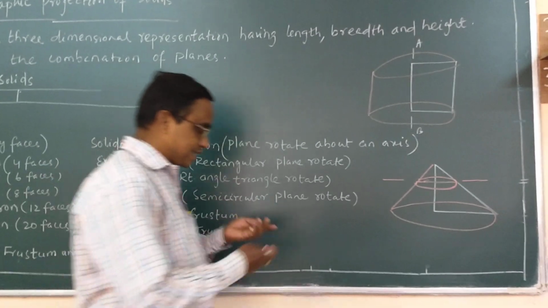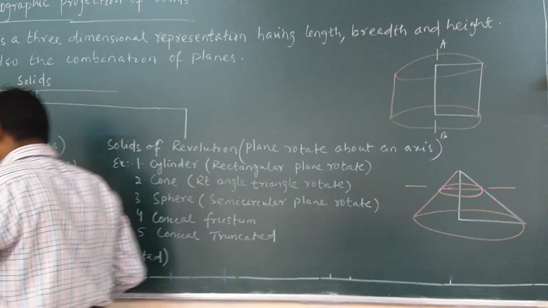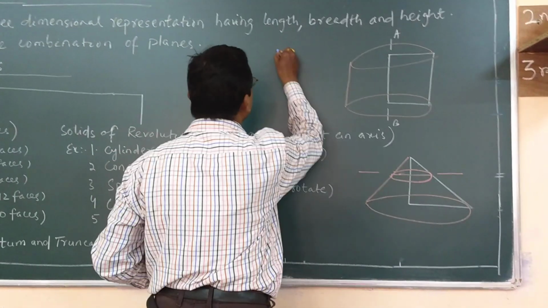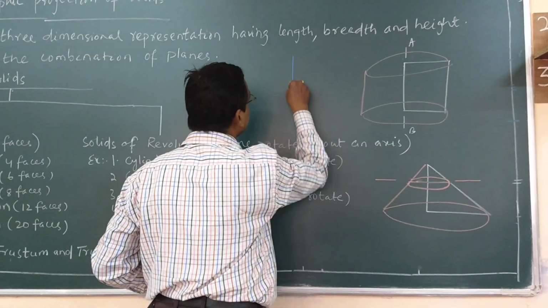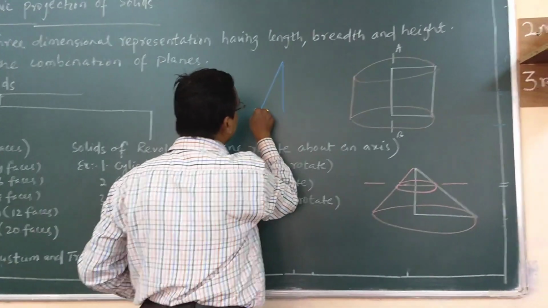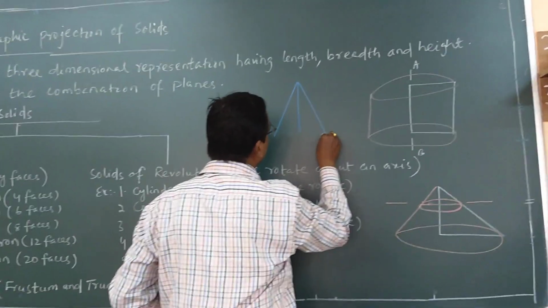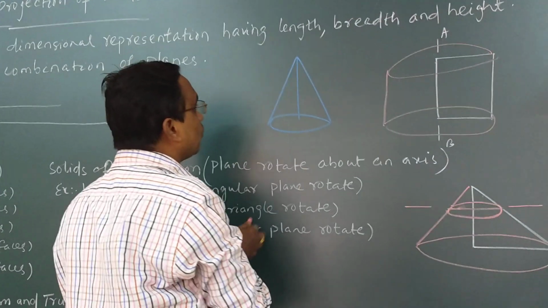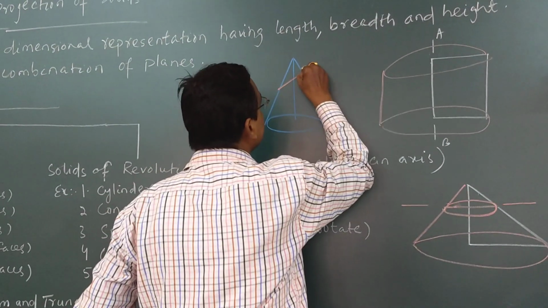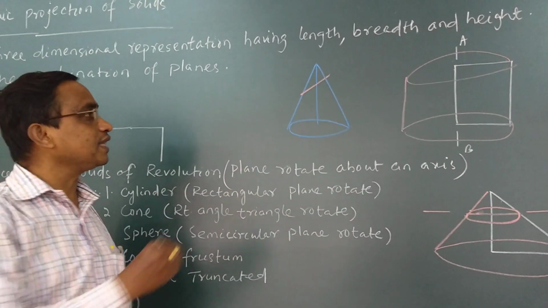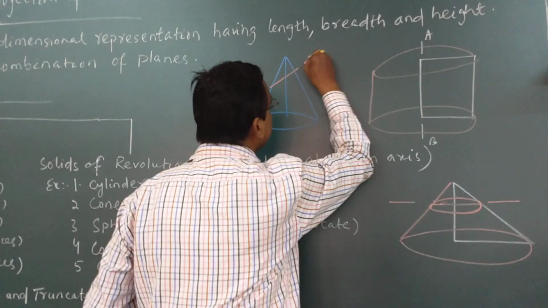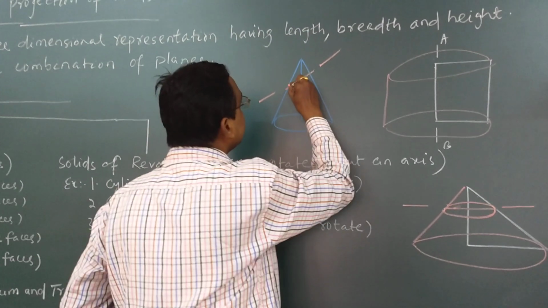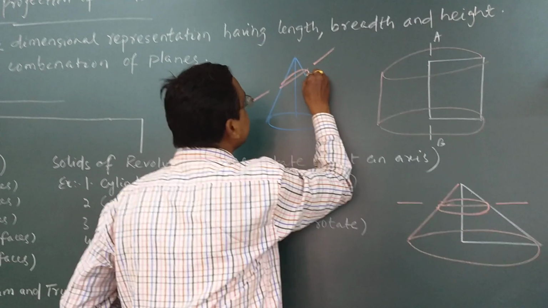And what is a truncated? Just you mark. This is the cone. When the cutting plane cuts the cone inclined to the base, meaning making an angle theta with the horizontal, then the top part is removed, and the remaining part of the solid is called truncated.